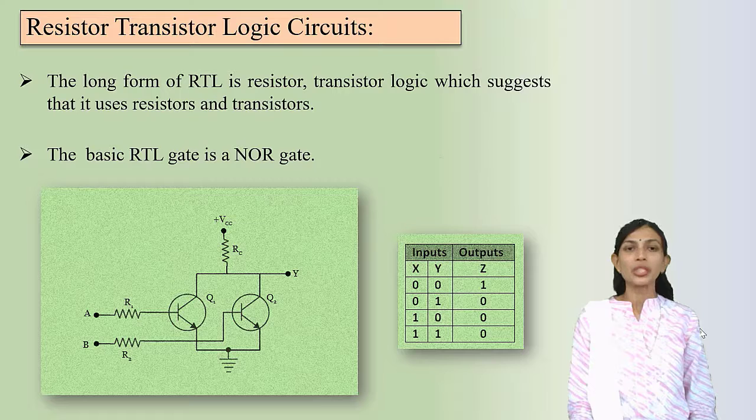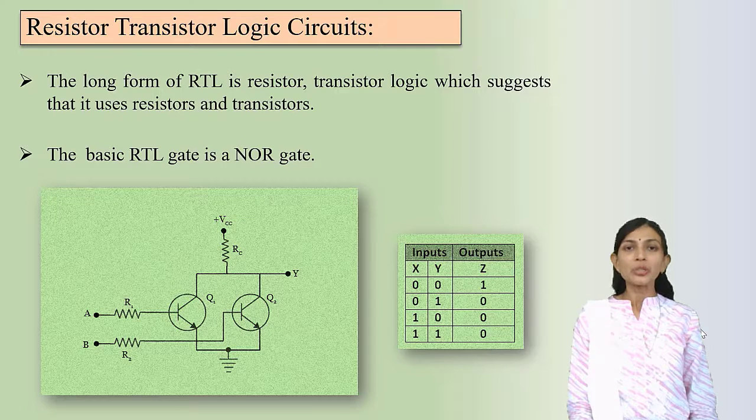If both inputs are 0 0, that means A is equal to 0 as well as B is equal to 0. These are applied to the bases of the two transistors Q1 and Q2. What is the type of transistor? That is NPN, so the base is of P-type material.